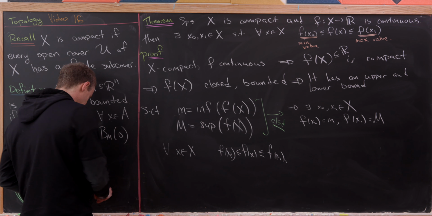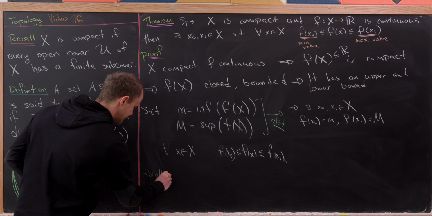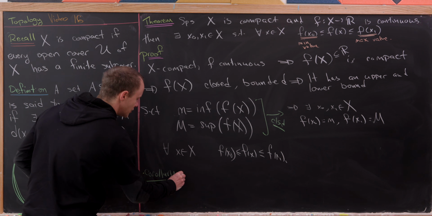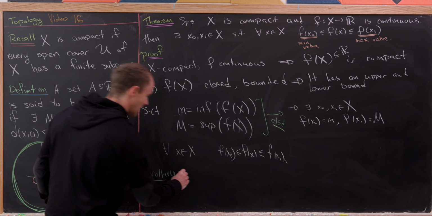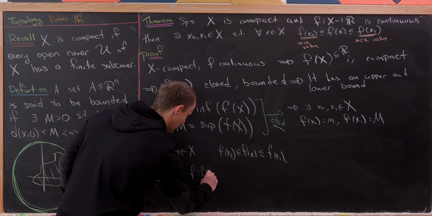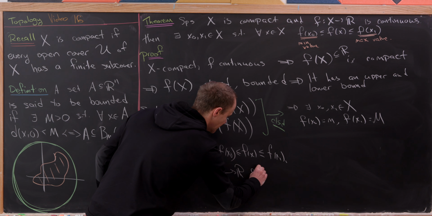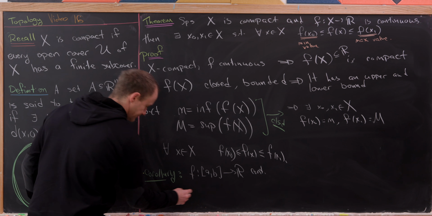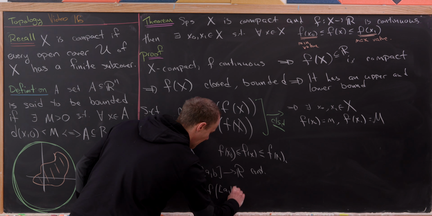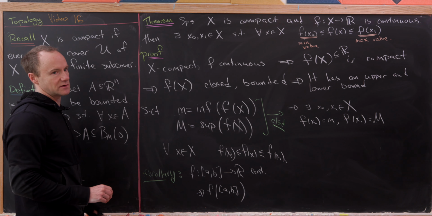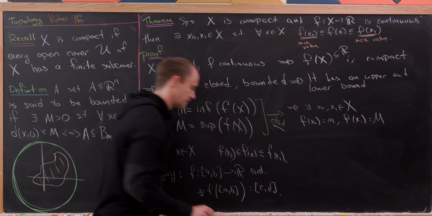Okay, so now I'd like to observe that there's a pretty quick corollary of this, which gets closer to the extreme value theorem from calculus, and that is if we have f from the closed interval a, b to the real numbers being continuous, then we know that the image of this interval is in fact equal to another closed interval.